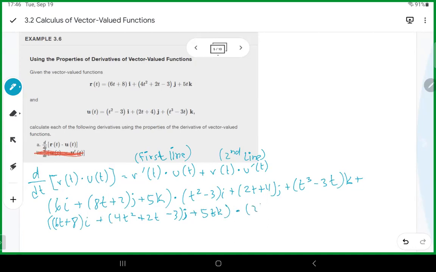So we'll have 2ti plus 2j plus 3t minus 3k. All right.